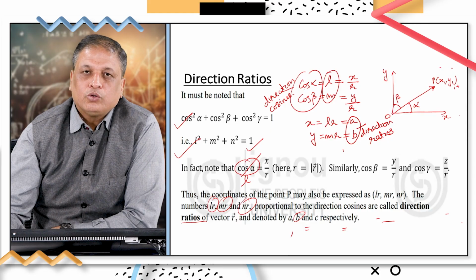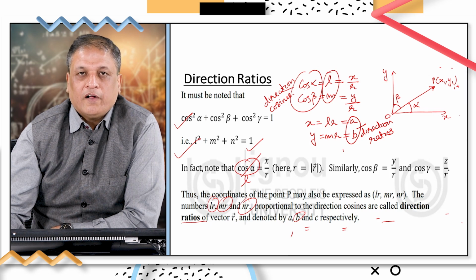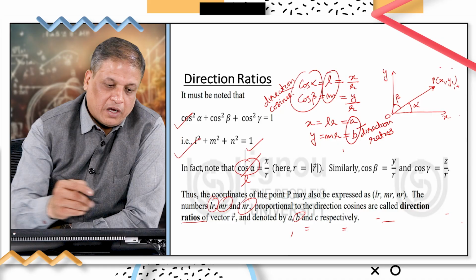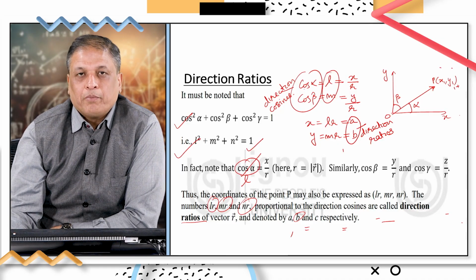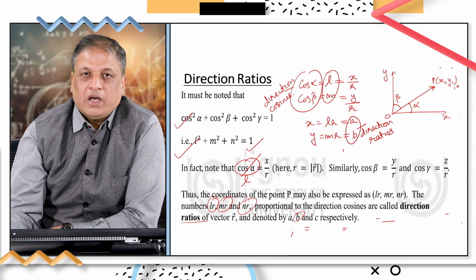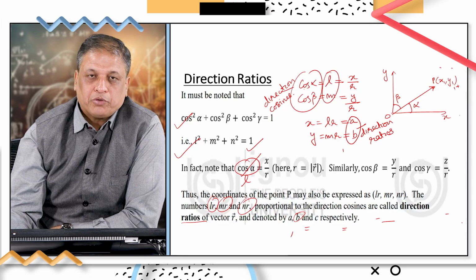We are not going into those details, but just to make you understand that the concept of direction ratios and direction cosines are very important in the field of computer science. And one of the examples for direction ratio and direction cosine is in computer graphics, when we are addressing the problem of parallel projections and perspective projections.